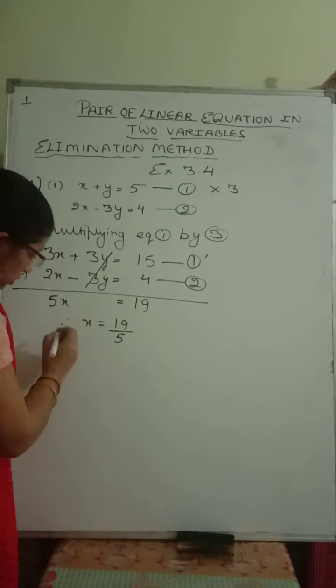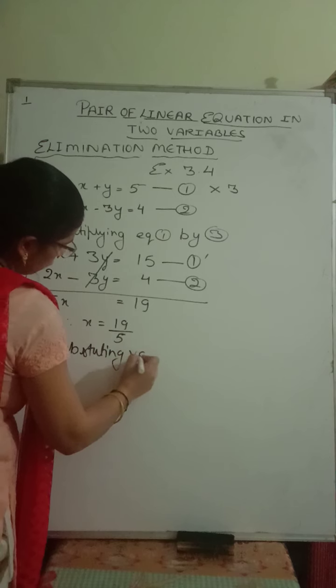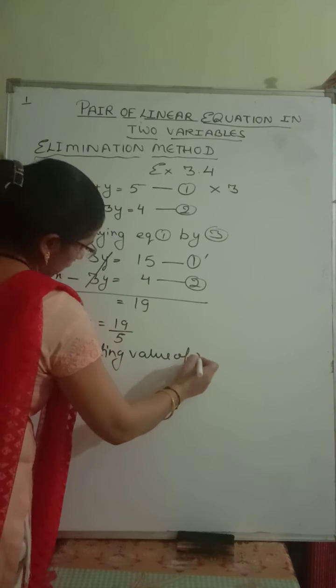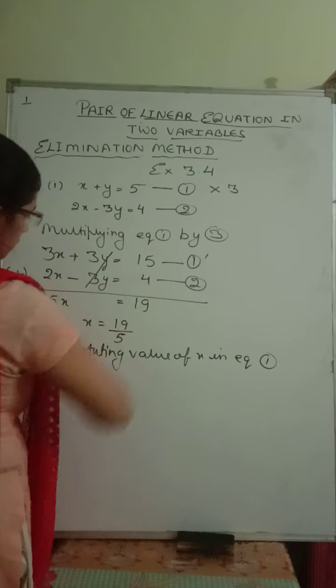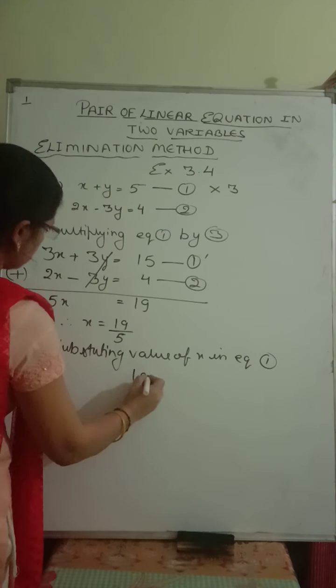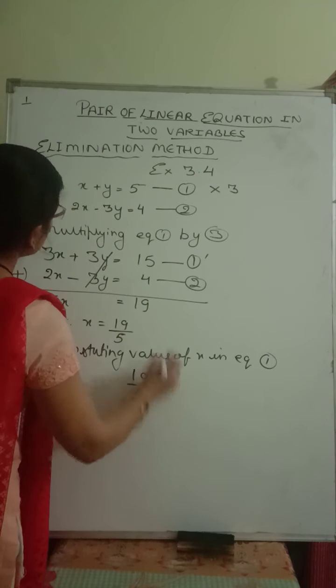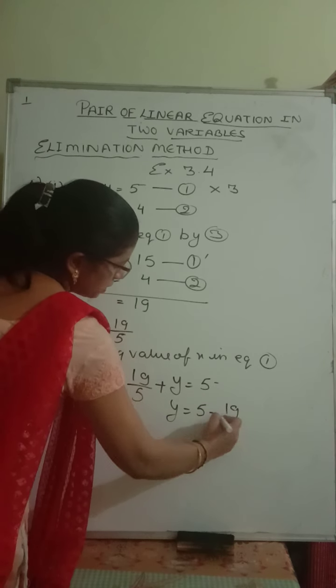Now the substitution method. Substituting the value of x in equation 1. Let us substitute in 1 only. So x is 19 upon 5, plus y is 5. So y equals 5 minus 19 upon 5.